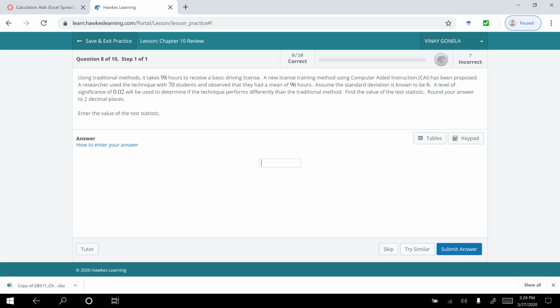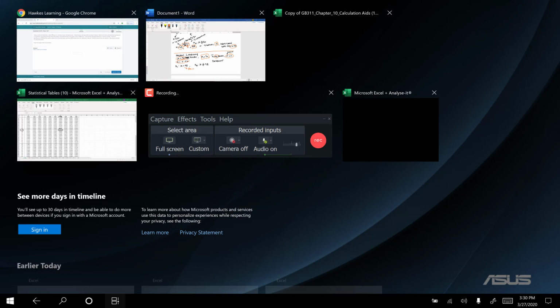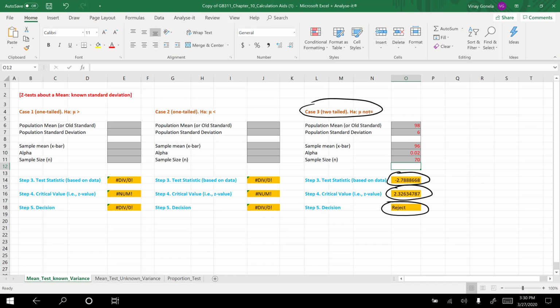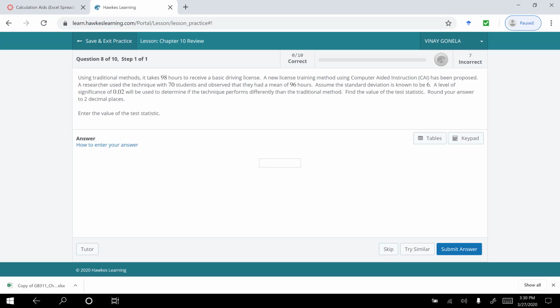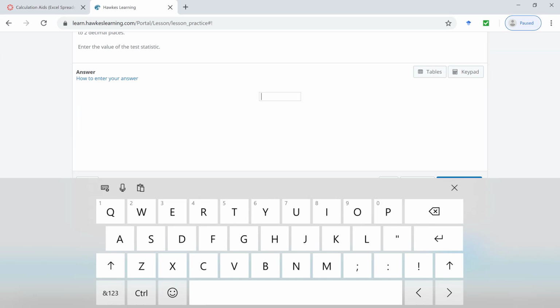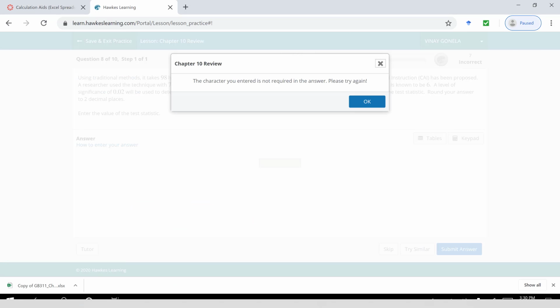They're asking us, the first question, to enter the test statistic value. So the test statistic value here would be negative 2.78, or negative 2.7888. Let me see how many decimals they are asking.